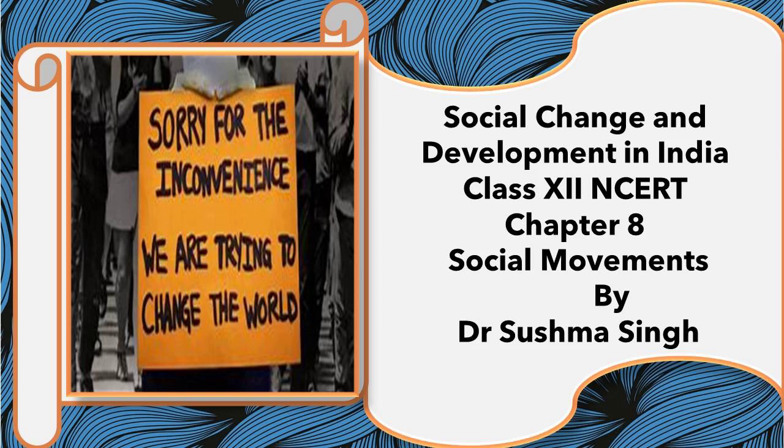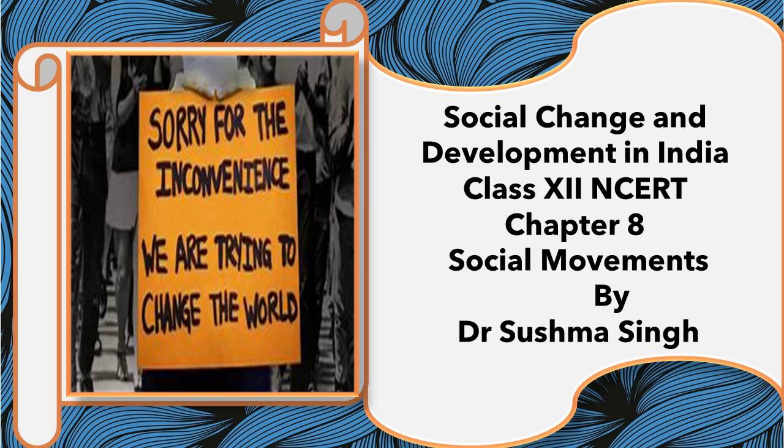So the new social movements were not about changing the distribution of power in society, but about quality of life issues such as having a clean environment. In the old social movements, the role of political parties was central.